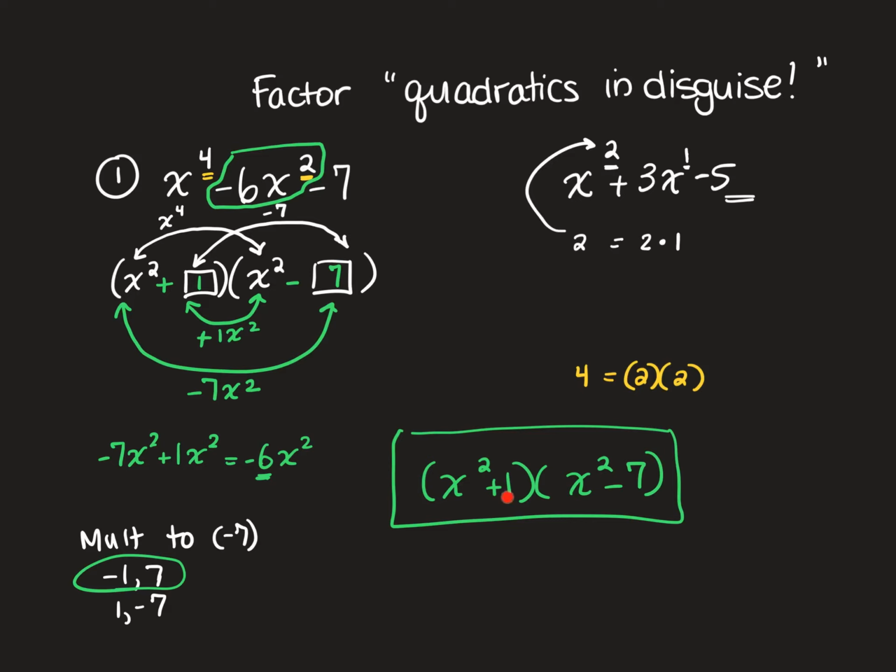So this could have been factored more if that was x squared - 1. Look for your sum and difference of cubes. You want to be aware of all those special things that could happen. So this is fully factored, because this is not a difference of squares.